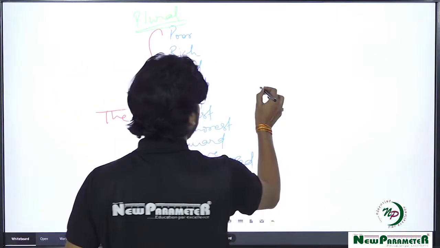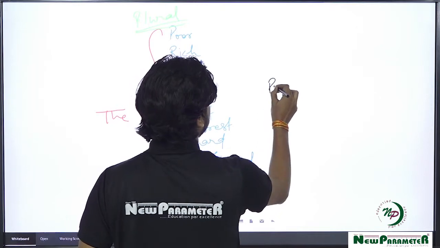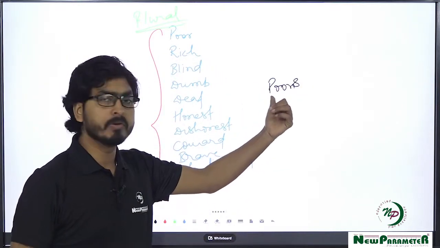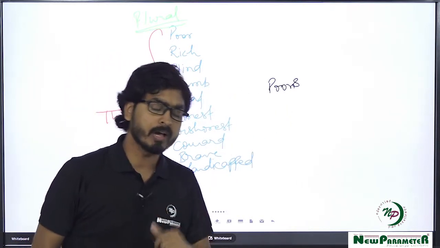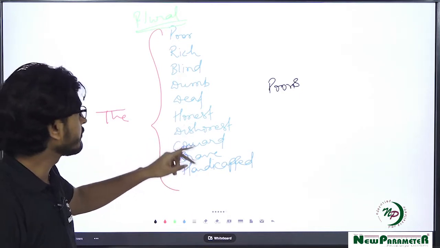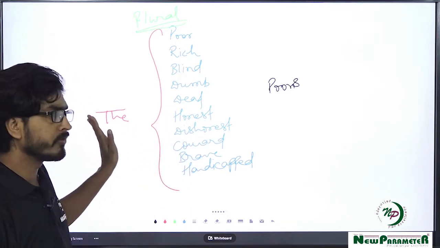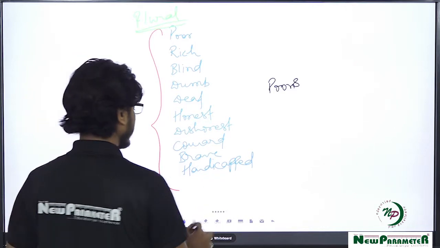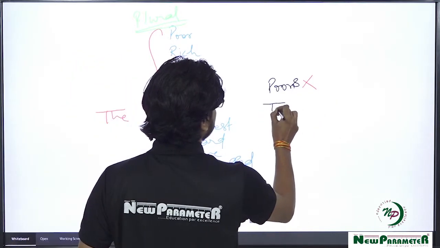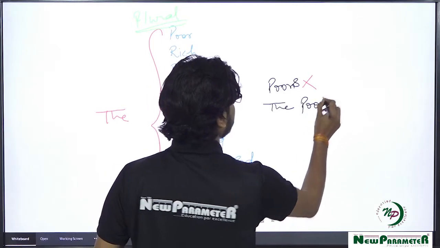For example, if I say poors, I want to make this plural, but I know very well that if I have to make plural of any of these, I have to put simply article the before them. So the correct will be the poor.